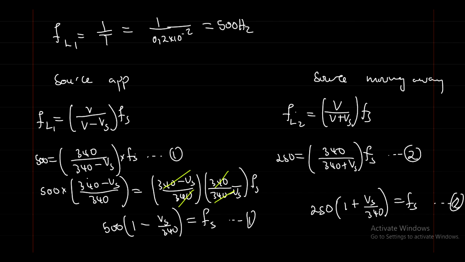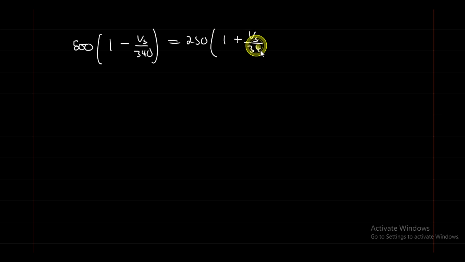So now I can equate this expression with this expression. Let's go to the next page. So now I have 500 into 1 minus Vs over 340 equals 250 into 1 plus Vs over 340. How are we going to solve for Vs?